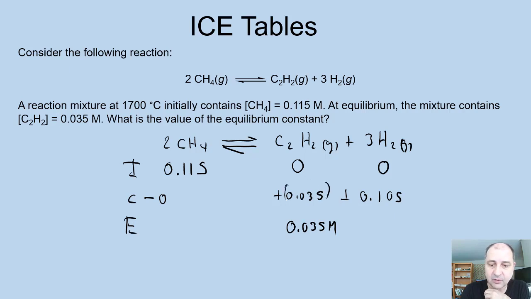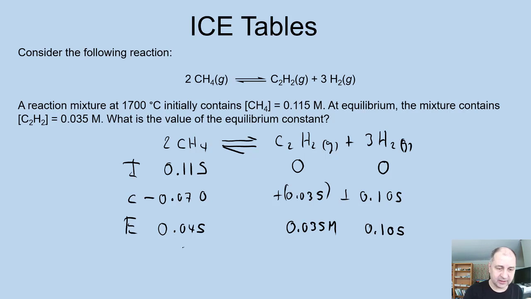If we call this the factor x, that's going to go down by 0.070. So if I subtract that from 0.115, I get 0.045. This we already know.